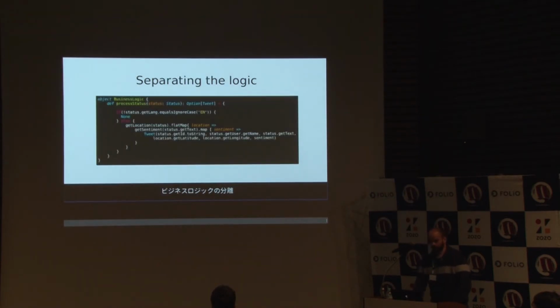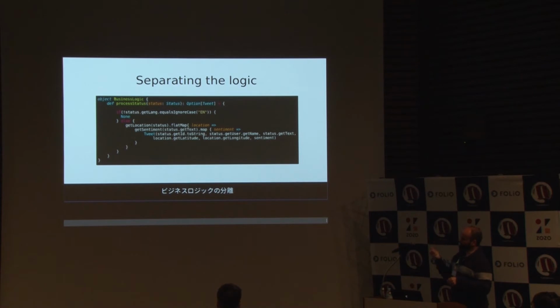see the business logic. So I've called this object BusinessLogic just to emphasize that this is our business logic, but please don't do that in your companies. Call it something meaningful like Twitter analyzer, something like that. So this is basically it. We don't care about the tweets that are not in English, so we return none.